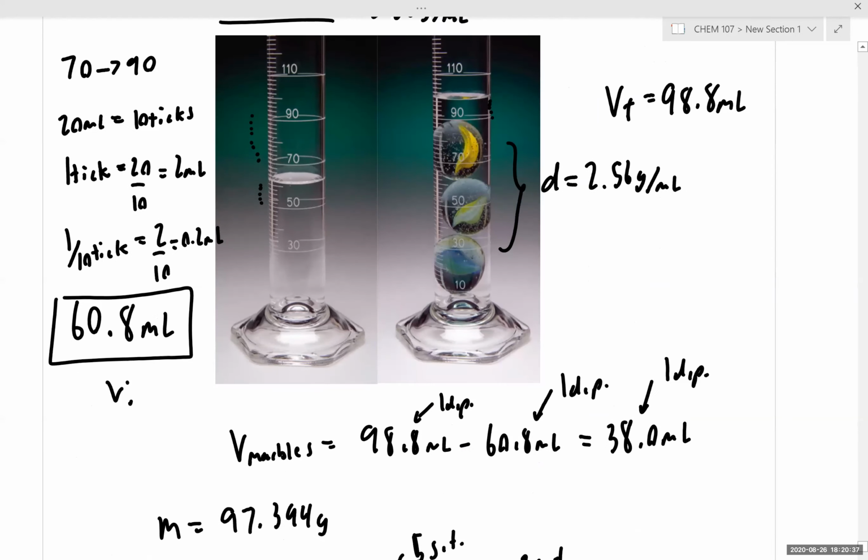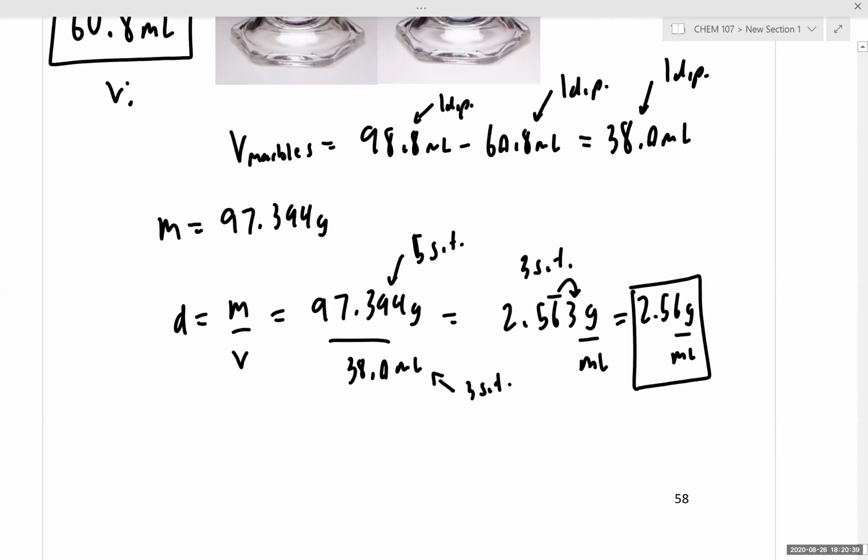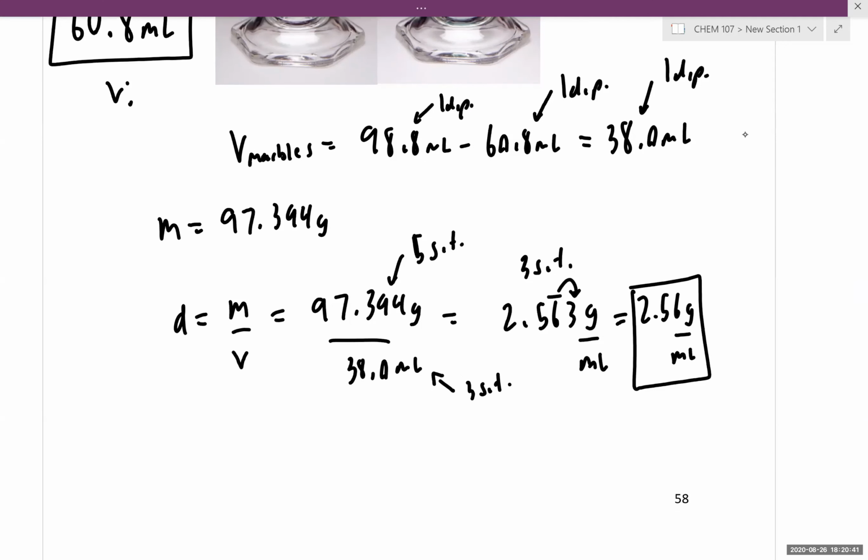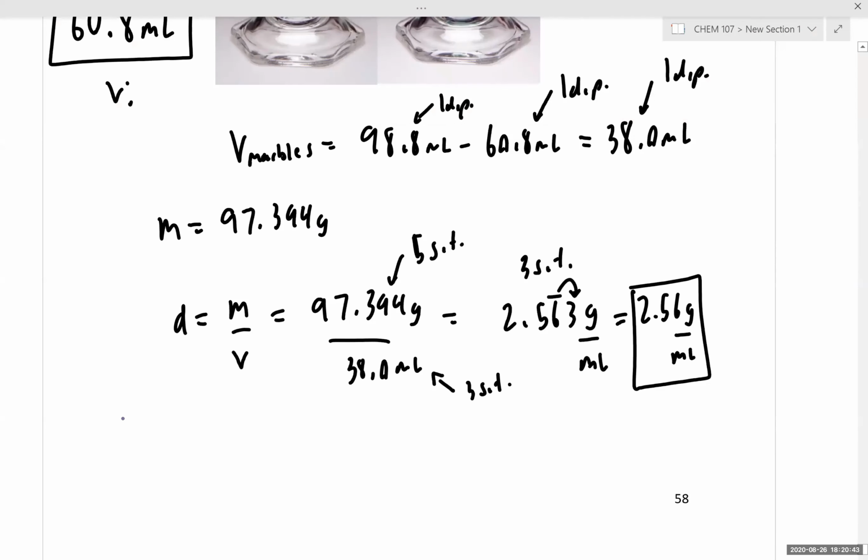Now, one thing I do want to show you is a way to check your work. How do we check our work? So one way that you can check your work is you can calculate the mass from the density and the volume. So mass is equal to density times volume.